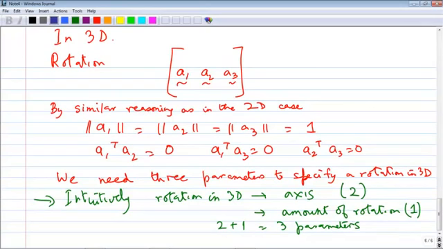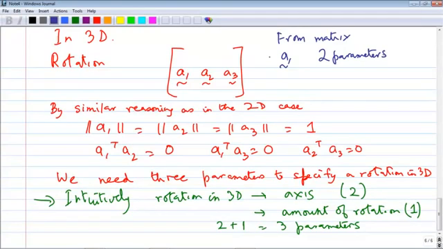Let's think about it another way, looking at the matrix. How many degrees of freedom do I have for choosing A1? We can choose A1 by specifying two parameters, because the length of A1 is constrained: it must be of unit length.